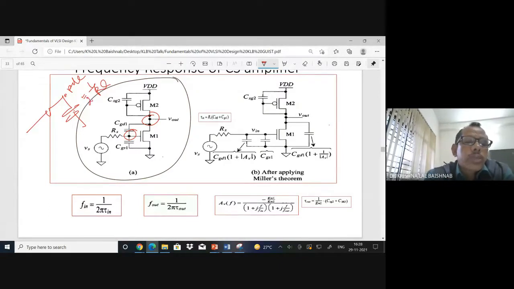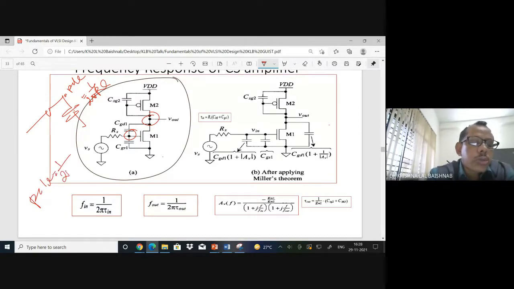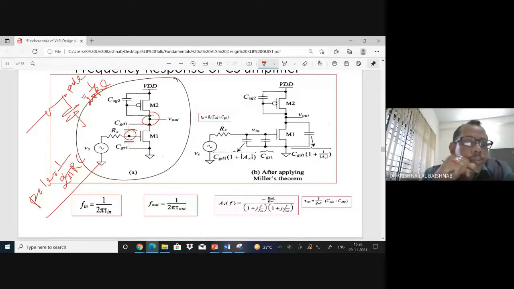Remember, pole is equal to 1 by 2 pi RC.